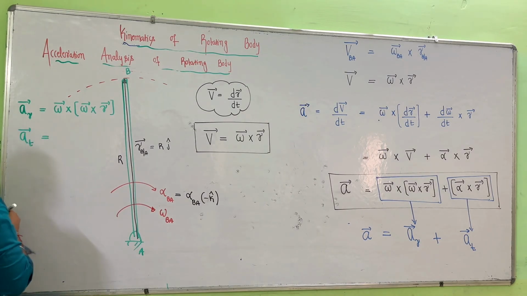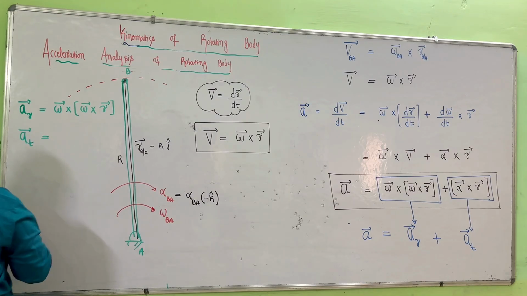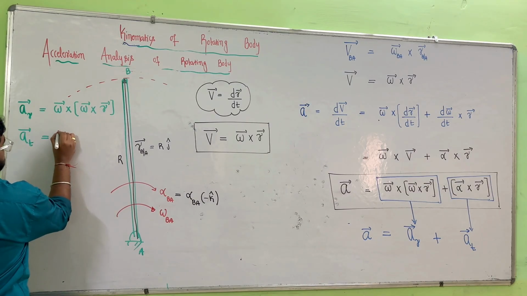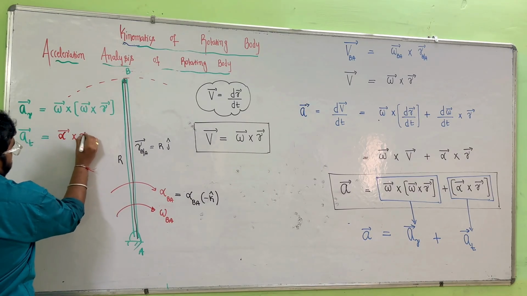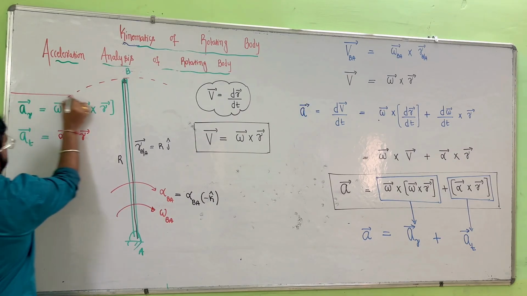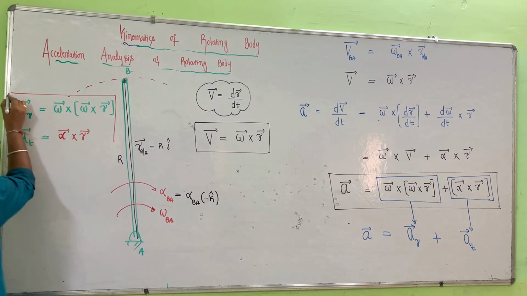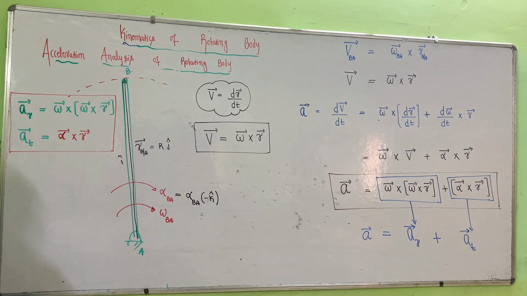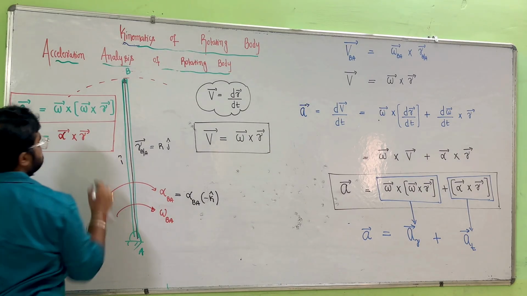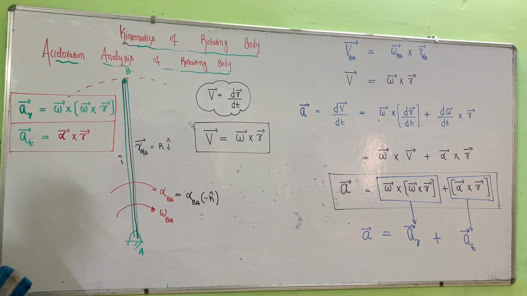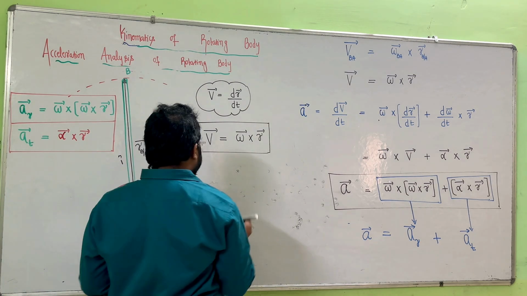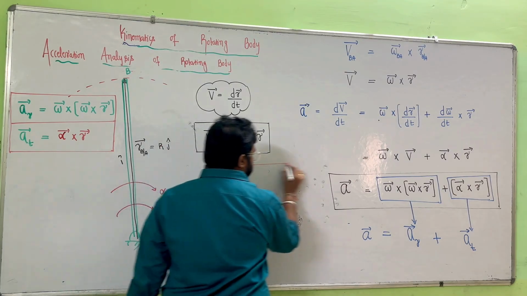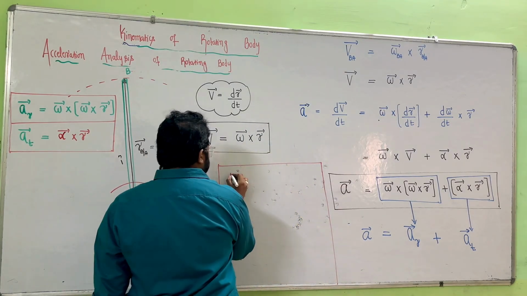Tangential acceleration in the form of vector is alpha bar cross R bar. R refers to radial, T refers to tangential acceleration. Now we can confidently write.